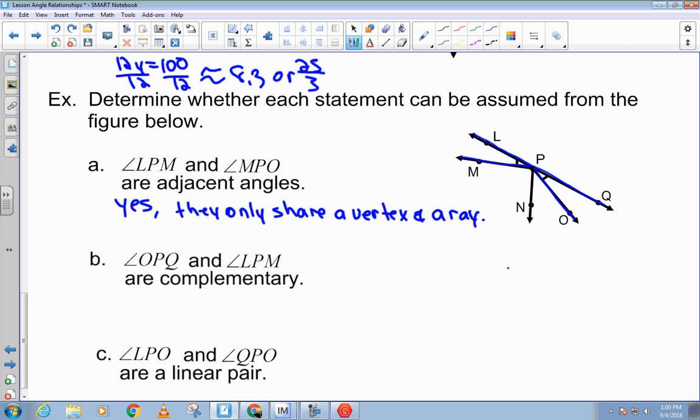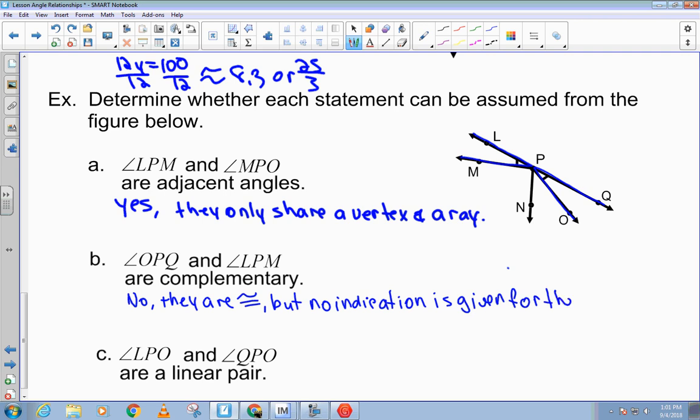Would that make it complementary? No, what would they both have to be? They'd have to both be 45, and I don't know what they are, okay? So my answer here would be no. We can say they are congruent, but no indication is given for their measure.